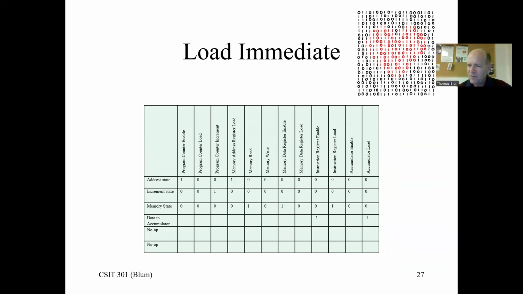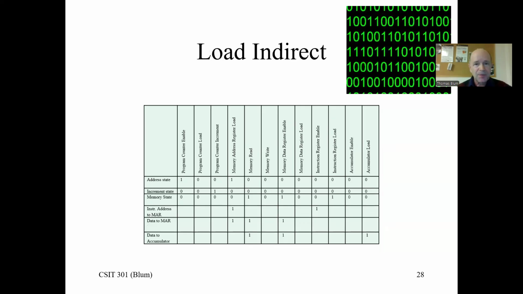Once I have the instruction, once I'm ready to execute, the operand came along with the instruction, and that is the data I want in the accumulator. So I would just say take it out of the instruction register enable, and put it straight into the accumulator. That is load immediate, a different addressing mode.